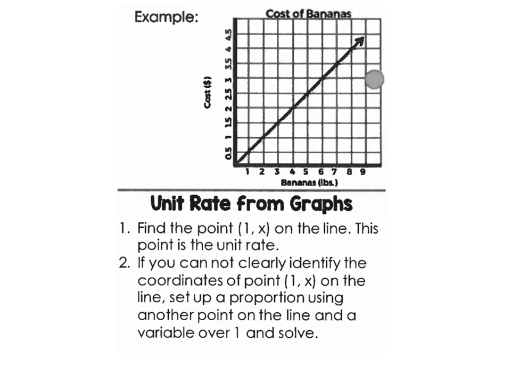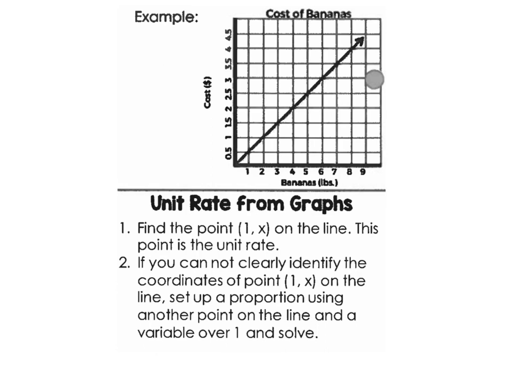The next way we can get unit rates is from graphs. So the first step is to find the point 1x on the line, and then the point would be your unit rate. If you cannot clearly identify the coordinates of point 1x on the line, set up a proportion using another point on the line and a variable over 1 to solve. So if we follow this line right here, we go to where the first point hits 1, and that would tell us our x.